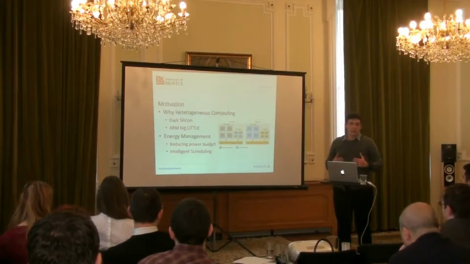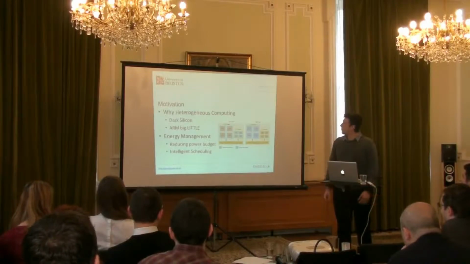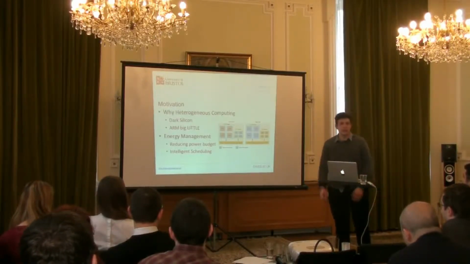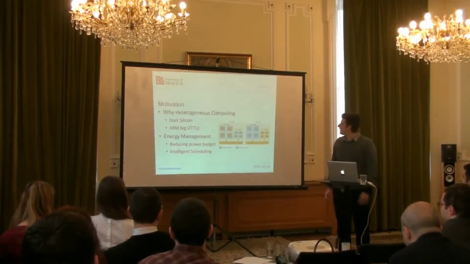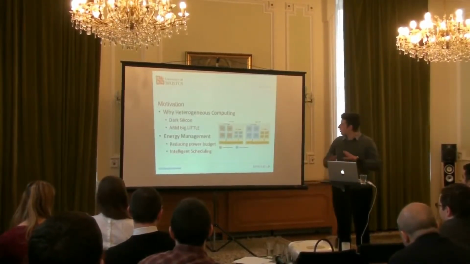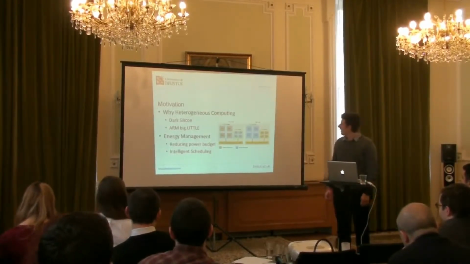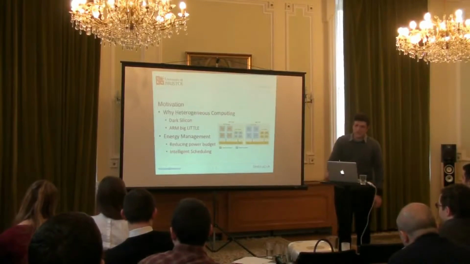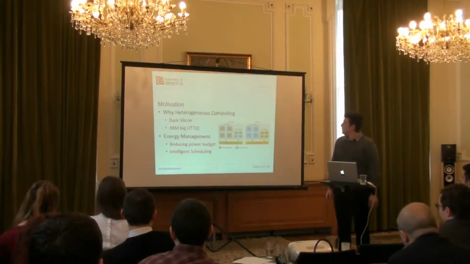In my particular area of interest, mobile systems, which is what ARM specializes in, they've currently developed a heterogeneous computing system for CPUs, called big.LITTLE, and it features four small power efficient cores and four large performance oriented cores. For example, the Cortex A15 is a large core, and the Cortex A7 is a small core, and they're usually featured in clusters like this, groups of four. So it's a multi-core system.